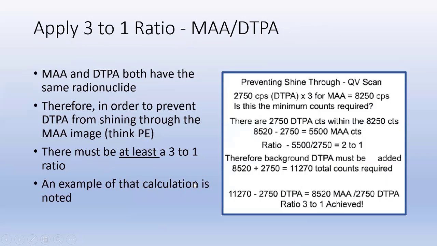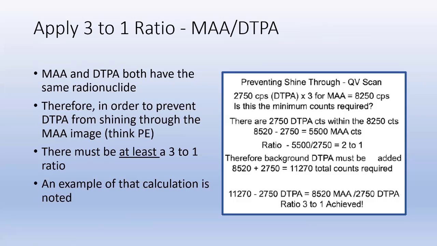So as I talked about earlier, the 3-to-1 ratio is, in my opinion, in some ways critically important because technetium MAA and technetium DTPA are both the same agent, that is the same radionuclide. Therefore, they both give off the same 140 keV gamma, correct? Bingo.